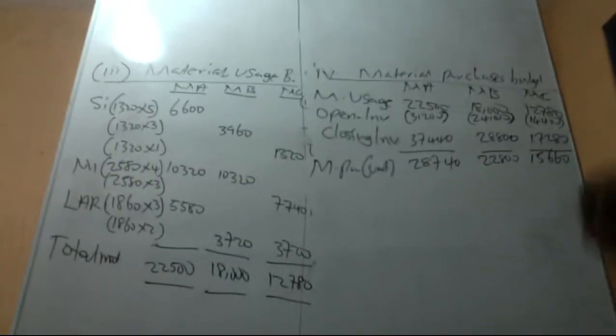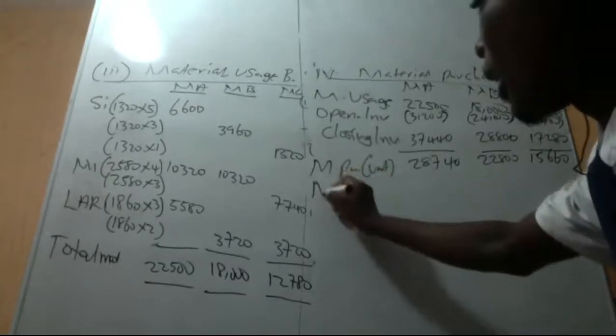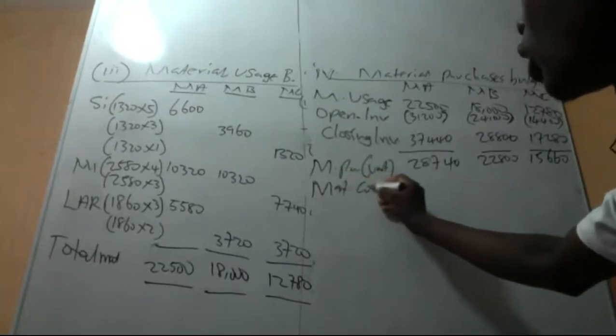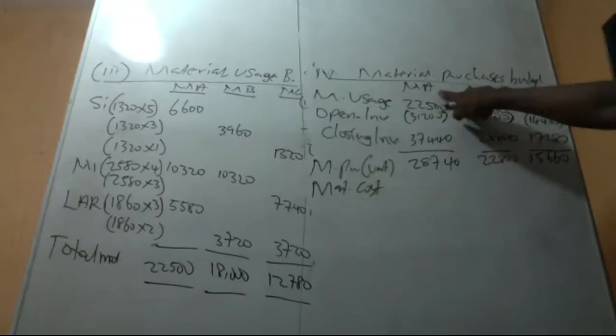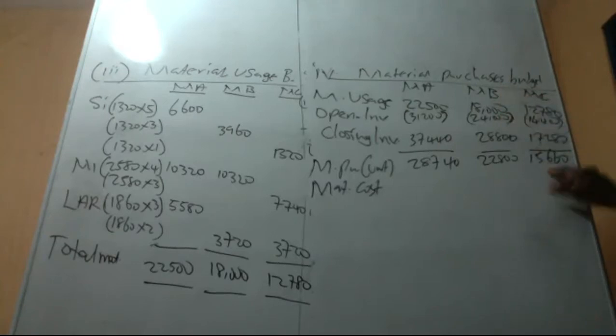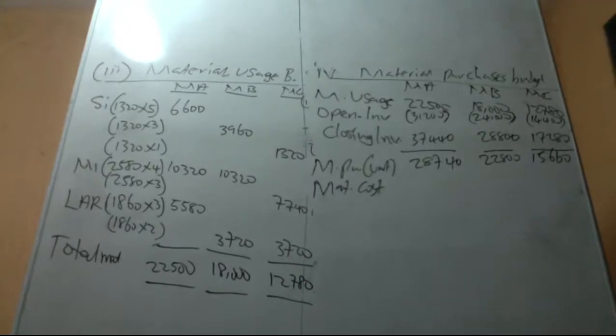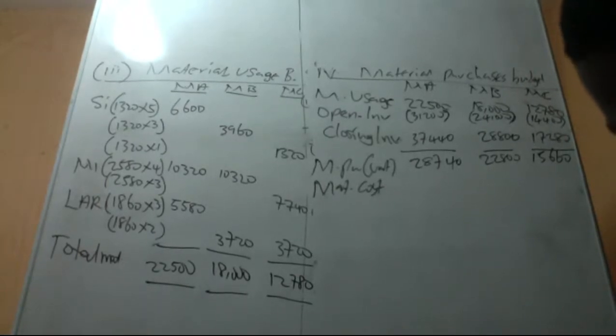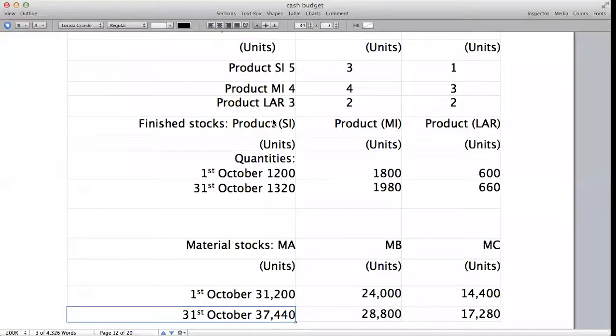So that's the value. So you bring the material cost here. What's the cost of each material, that of MA, MB, and MC? So cost per unit is what? Now let's go to the question and go and pick it. So I will pick MC. Someone also pick MA and MB for me when you go to the question. Now when you go to the question, the material cost was on top.